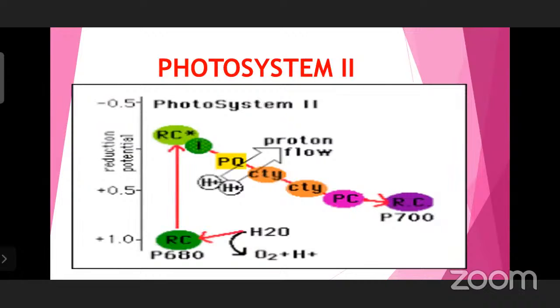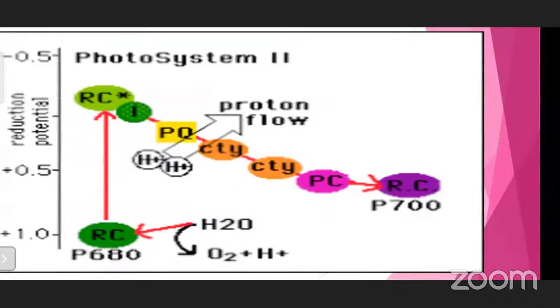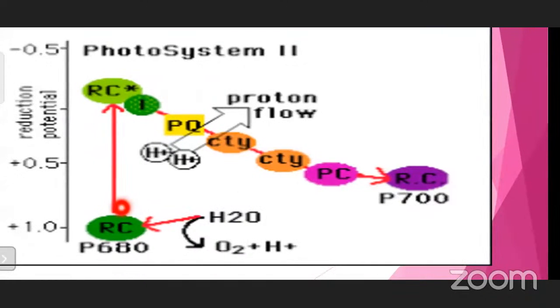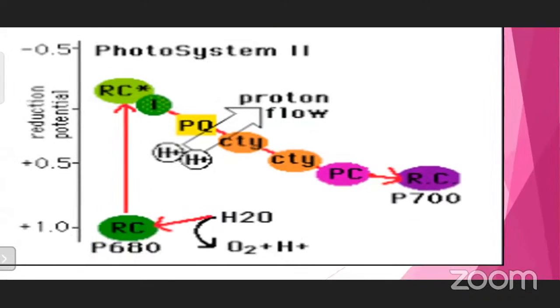PS2 is located at P680 wavelength. When the chlorophyll molecules are taking the energy and giving it to the reaction center chlorophyll a, a pair of electrons are jumping here.